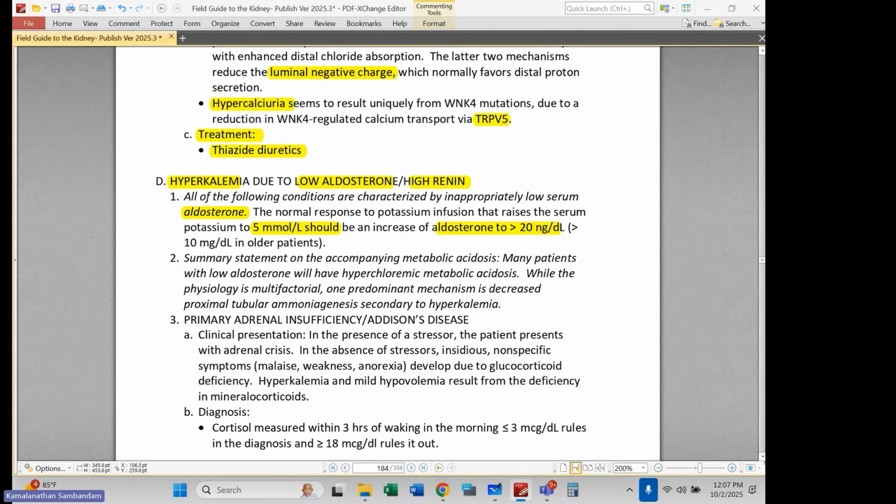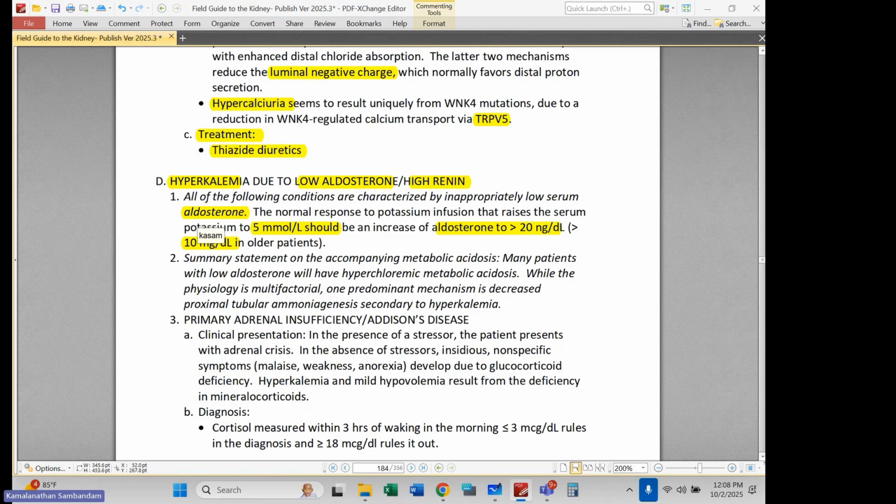It comes from a paper that was published in JASN in both moderately young people and older people. And it revealed that when challenged with a K load and increasing the serum K to roughly around 5, one should see an aldosterone level of around 20 in a younger person, and maybe 10 in an older person.